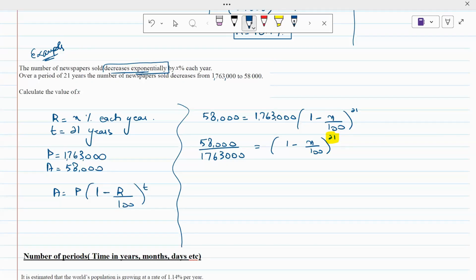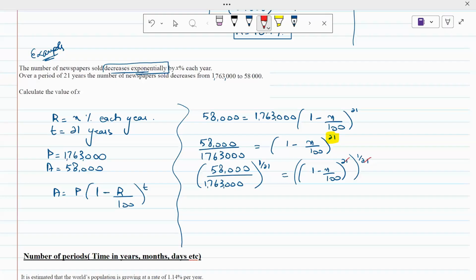So you take 58,000 upon 1763000 whole power 1 upon 21 on both sides, and 1 minus x upon 100 power 21 whole power 1 upon 21. So eventually this 21 cancels 21. And for the left side, you have to use the calculator to find the value.